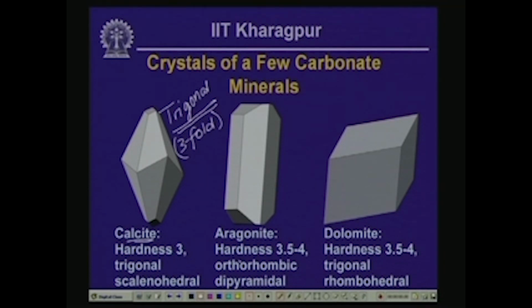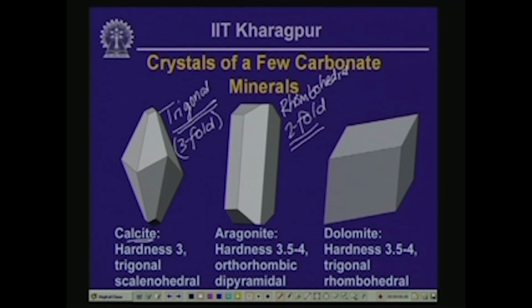Whereas when you consider mineral aragonite, you have only a twofold symmetry, and this is essentially a rhombohedral structure which was discussed briefly in our previous lesson.